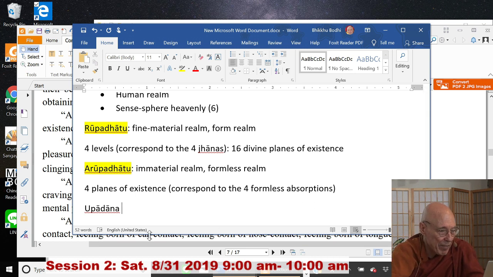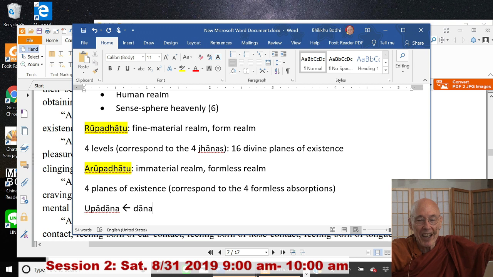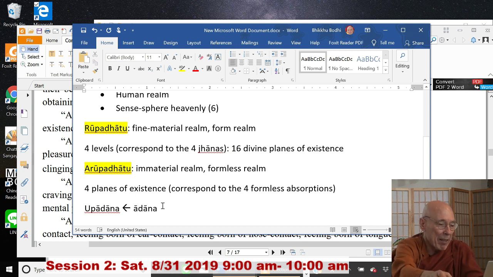Interestingly, the base of the word upadana is the word dana, which means giving. But when we put the prefix a in front of giving, it becomes adana, which means taking. So it turns dana into its opposite, from giving to taking.